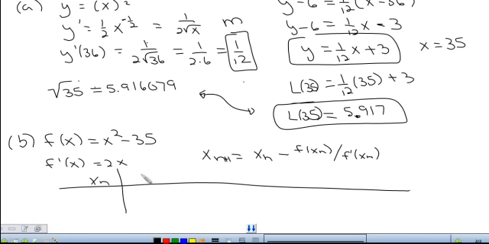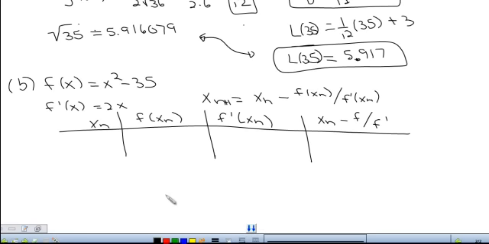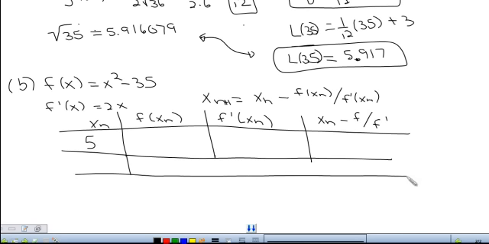So let's write x of n, f of x of n, f prime of x of n, and then the next guess. They said to use the first guess of 5, and we're only going to do 2 of these. So as we substitute 5 in here, we get 5 times 5 is 25, and 25 minus 35 is negative 10.